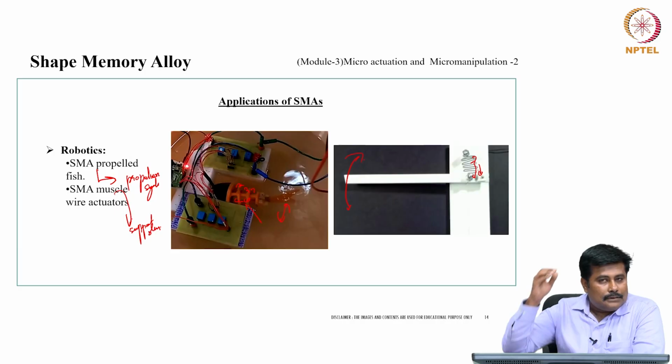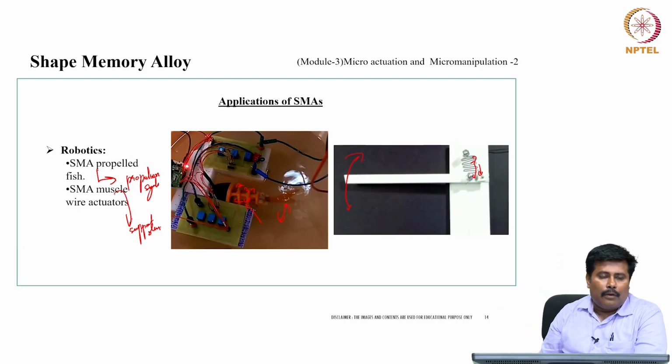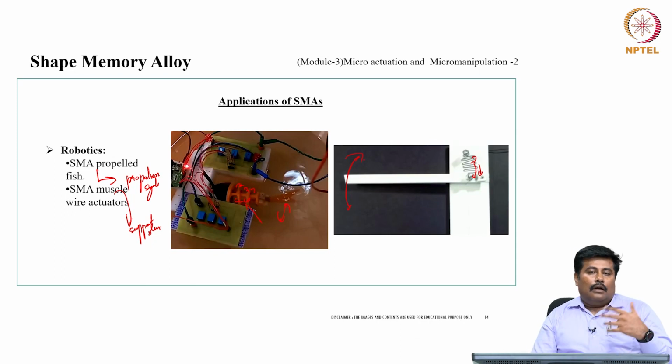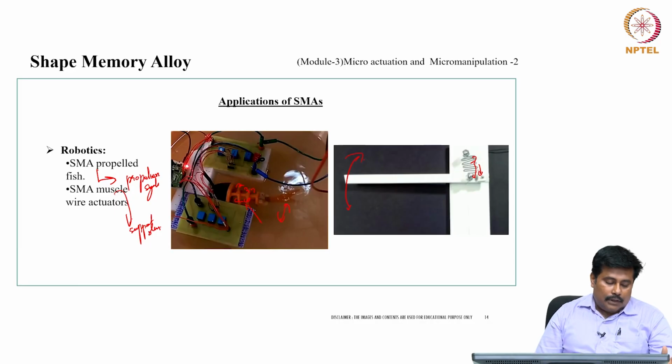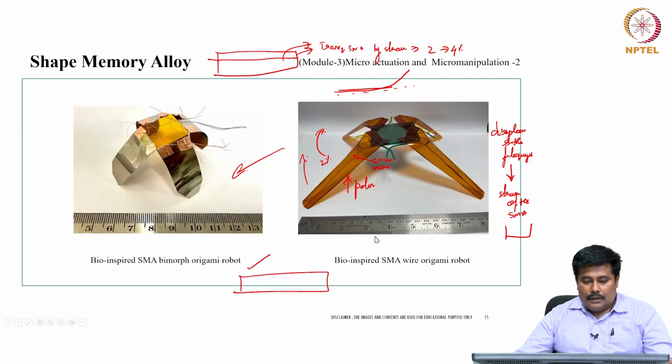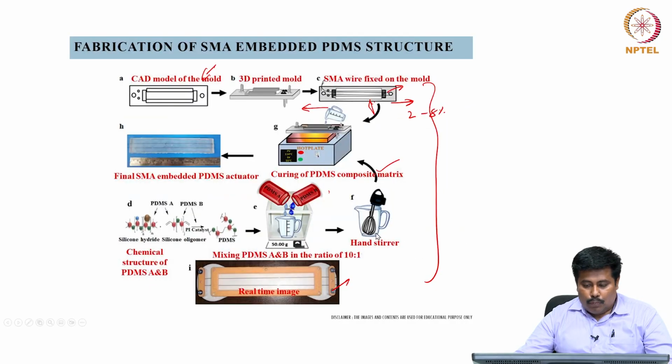Now, since these materials have a capability towards biomimicking, they have potential applications for different robotic structures for biomimicking related applications. It takes care of the structure and it takes care of the propulsion, and these are some biomimicking based robots.